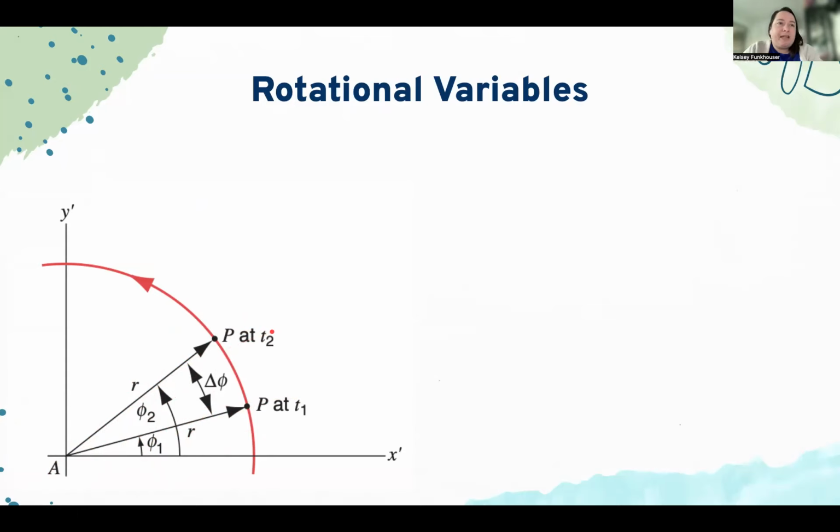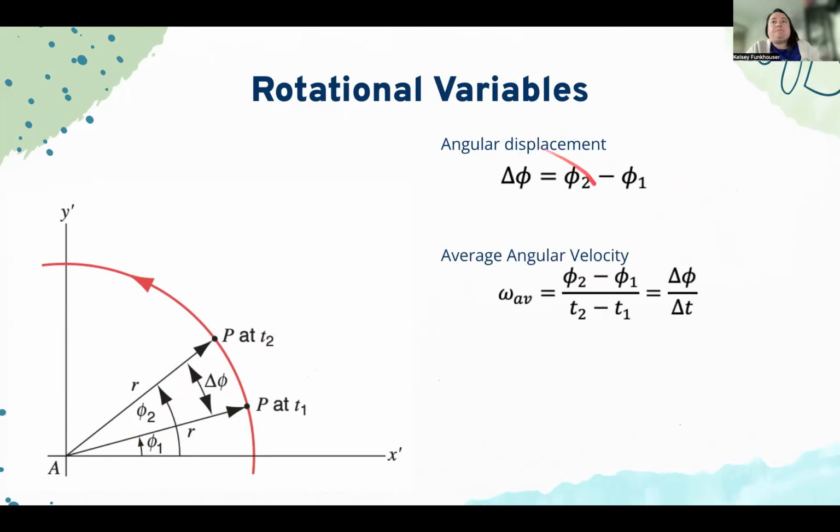And the angular displacement is the difference between those two angles. So phi2 minus phi1 gives us this angular displacement. And we can get the average angular velocity by dividing the angular displacement by the time interval.